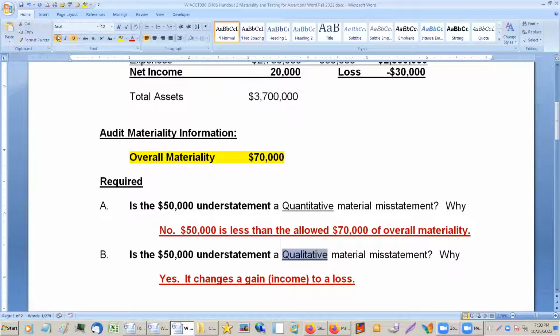So qualitatively, I'm sure it would be material in this case.